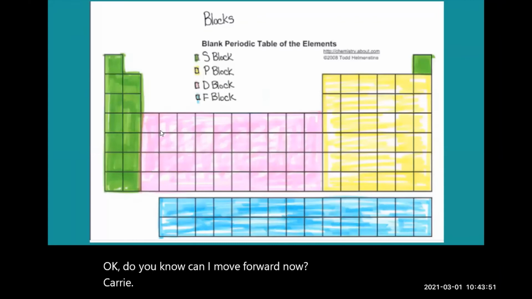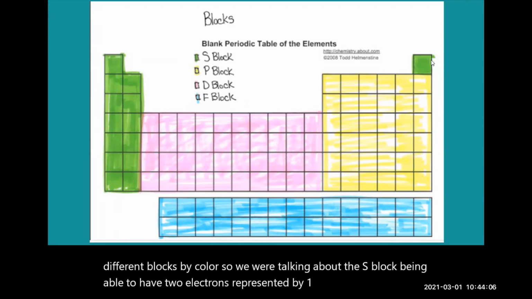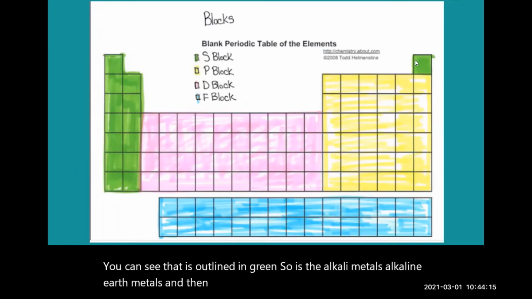Okay, so let's look at the periodic table. I've broken it down into the different blocks by color. So we were talking about the S block being able to have 2 electrons represented by 1 box. You can see that it's outlined in green. It's the alkali metals, alkaline earth metals, and then helium over here.